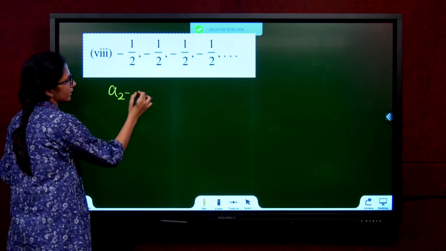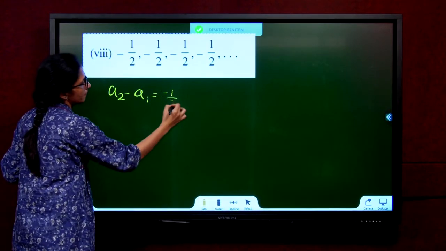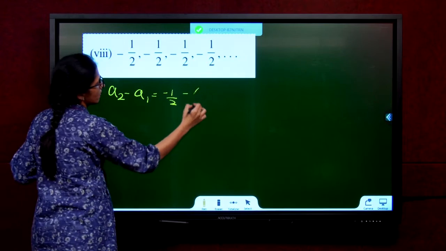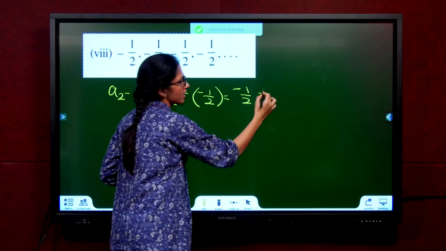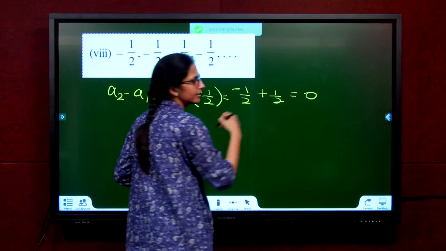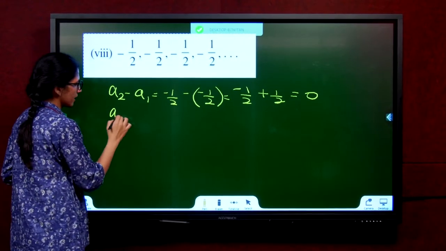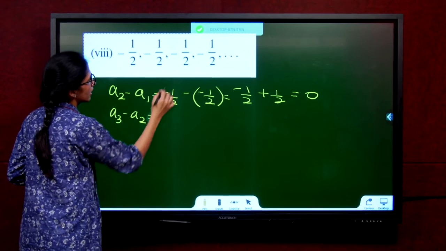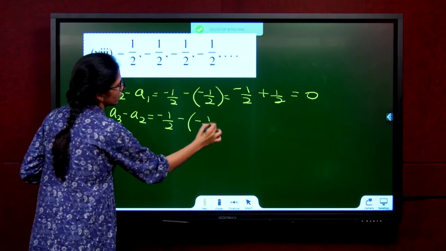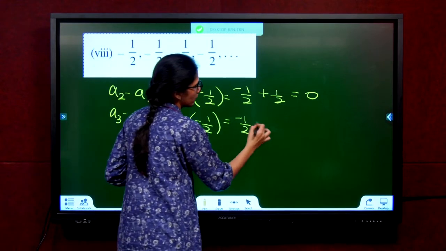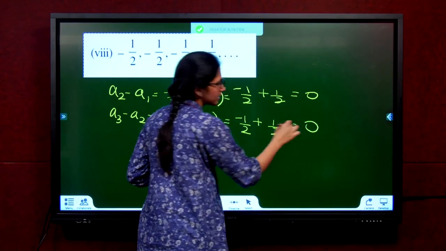So let's start. A2 minus A1: minus 1 by 2 minus of minus 1 by 2, minus 1 by 2 plus 1 by 2, 0. A3 minus A2: minus 1 by 2 minus of minus 1 by 2, minus 1 by 2 plus 1 by 2, 0.